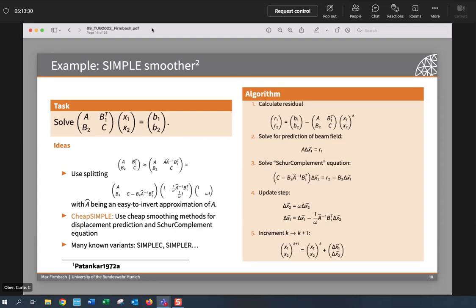So on the next slide, you can see just an example for the SIMPLE smoother. As it is done in literature, we use some kind of splitting to split our matrix into several parts. And at some point we will face the Schur complement equation in the lower right corner. And there it gets interesting because you have to approximate A hat at some point, which should be easy to invert, and which is an approximation of A. There are many variants to do this, so you could use just the diagonal and then invert it and so on.